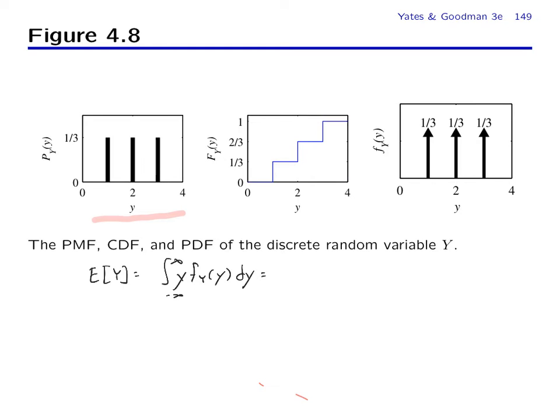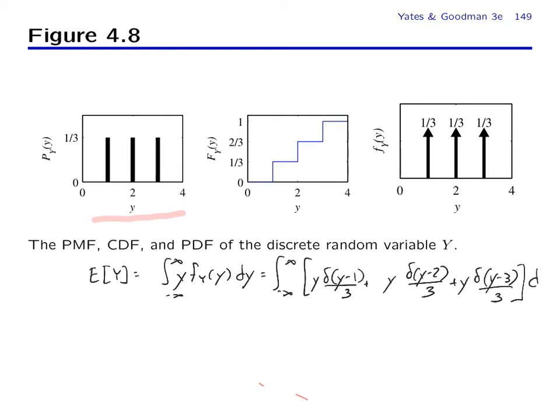In this case, this is equal to the integral from minus infinity to infinity of y delta of y minus 1 over 3 plus y delta of y minus 2 over 3 plus y delta of y minus 3 over 3 dy.